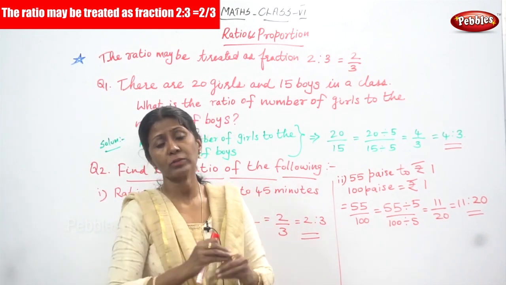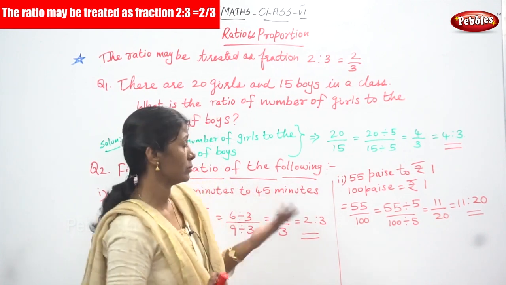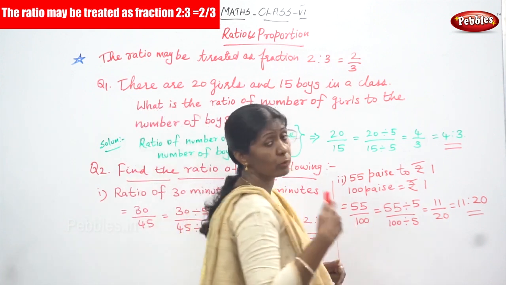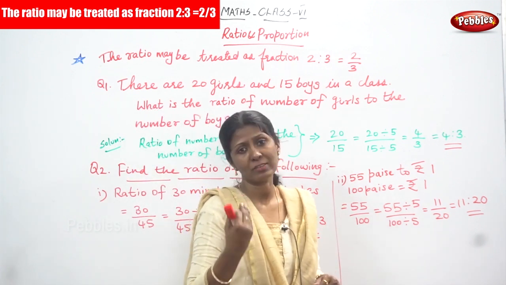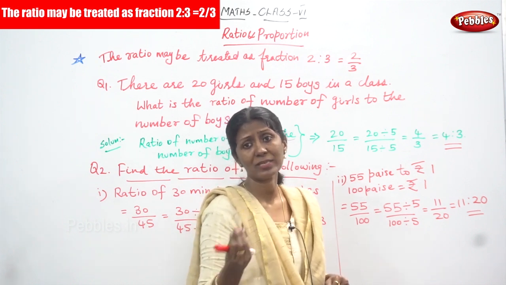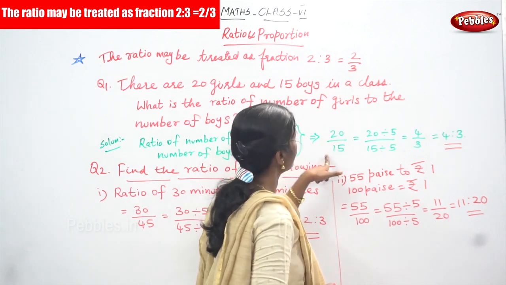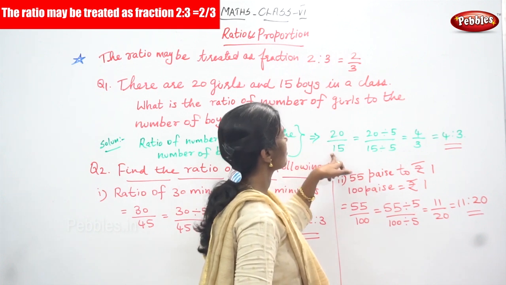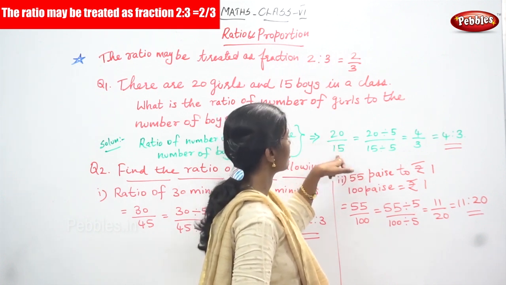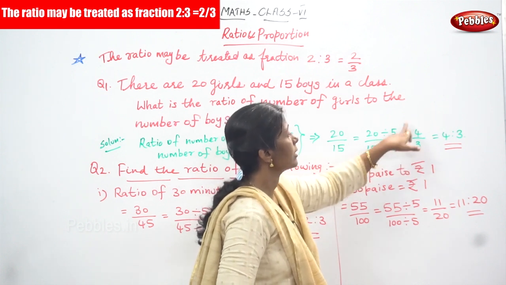I've told you what a ratio is: comparison by division. The number of girls is 20 and the number of boys is 15. 20 divided by 15 gives what? 4 by 3.